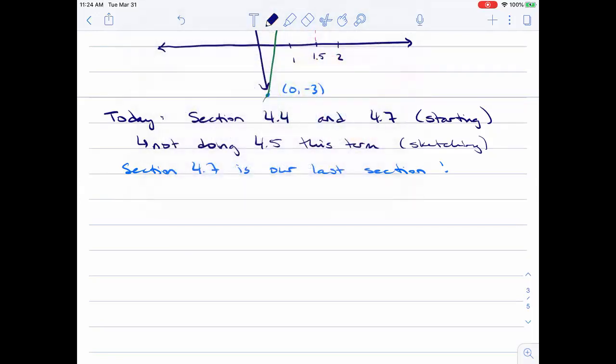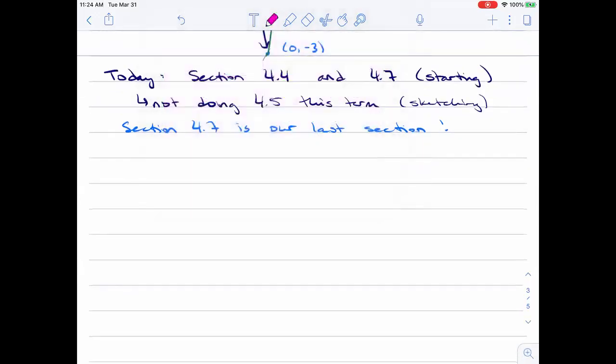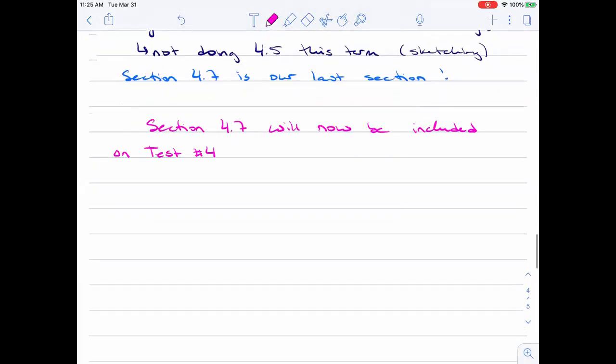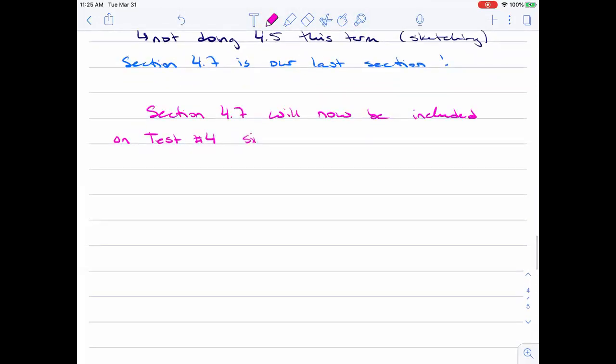And then what we've decided to do, because we're not doing the sketching, we're going to include 4.7 on test 4. So I should put that in. Section 4.7 will now be included on test number 4, since we are not doing 4.5.